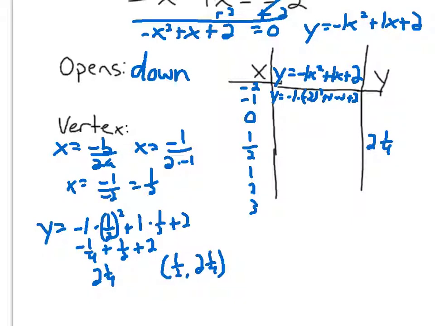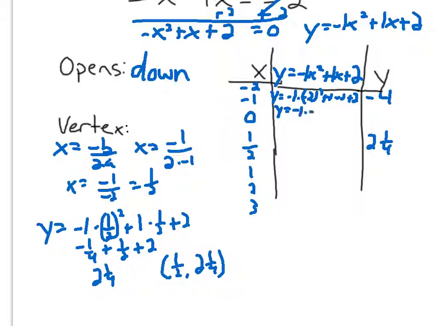Well, now if I solve that out, negative 2 squared is 4, and 4 times negative 1 is negative 4. Negative 4 plus, this makes negative 2, so that's negative 6, and negative 6 plus 2 is negative 4. Now I'm going to go ahead and plug in my negative 1.